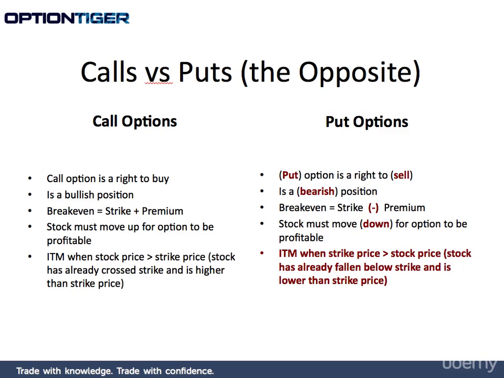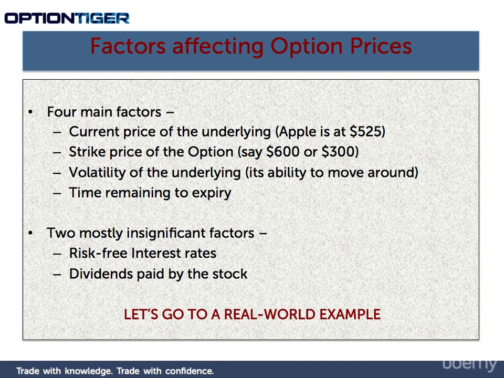We now look at the 4 different factors that affect option pricing. And again, this is a slide that's coming from the call options example, because there's absolutely no difference in the factors that affect either call options or put options. In fact, they're absolutely the same. The 4 main factors are: what is the current price of the stock?